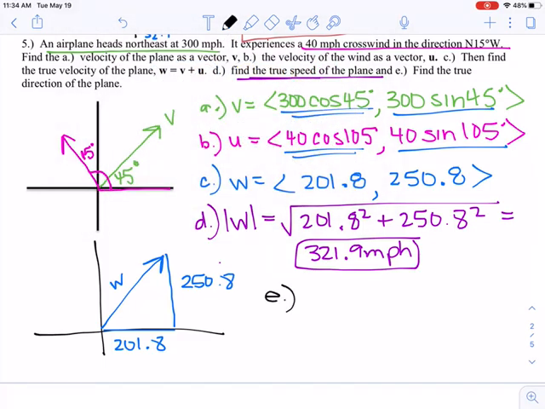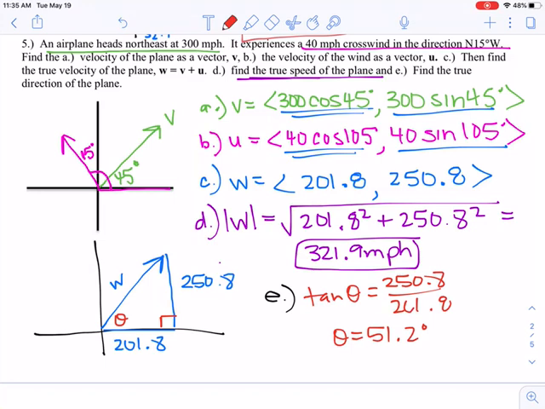And let's go ahead and find that angle theta inside my triangle. So I'm going to use my tangent because I have my opposite side, 250.8, divided by my adjacent side, 201.8. And again, I have to use my inverse tangent since I'm looking for the angle and I have the ratio of the sides. And that gives me 51.2 degrees.